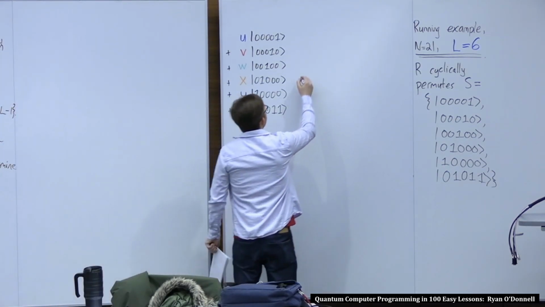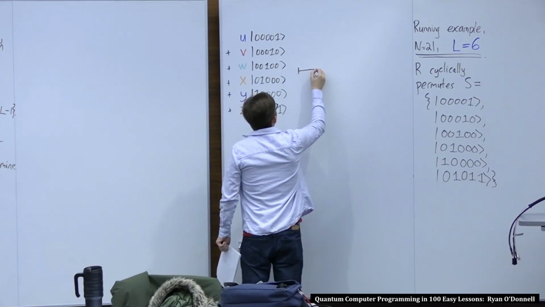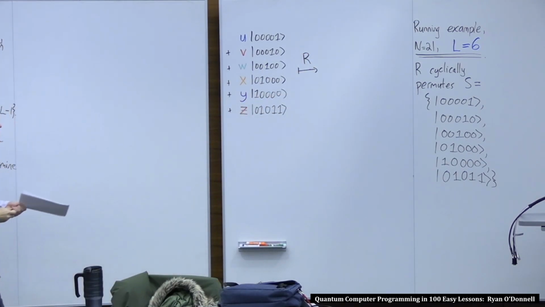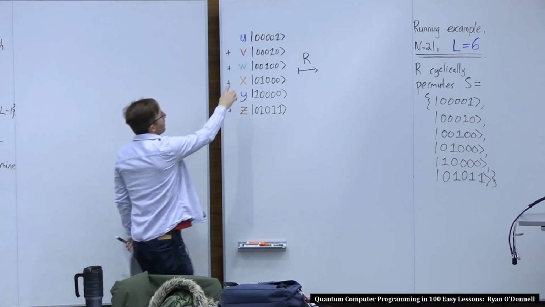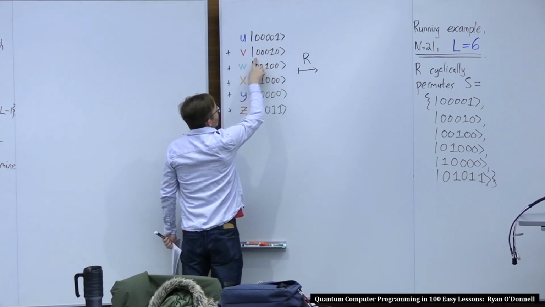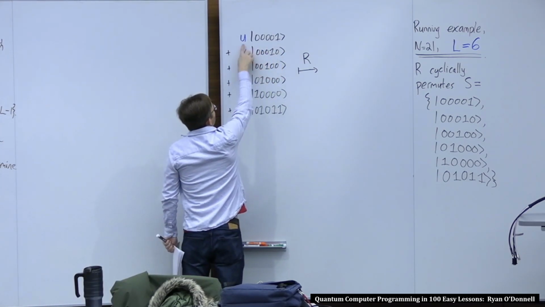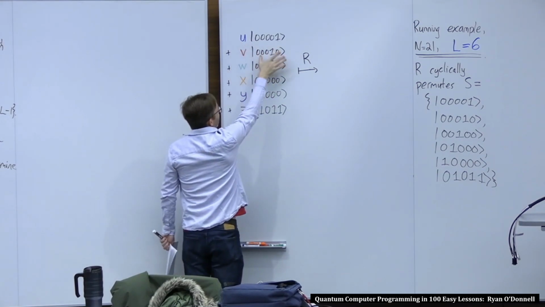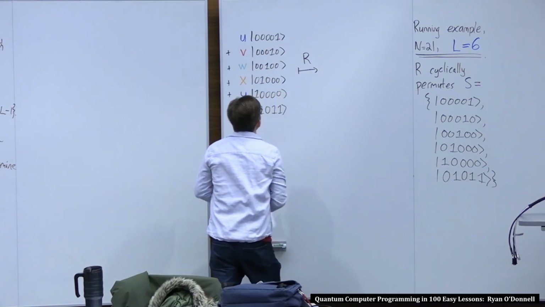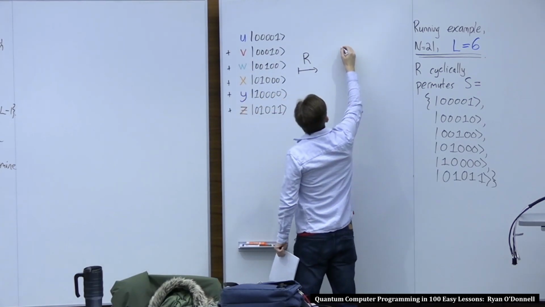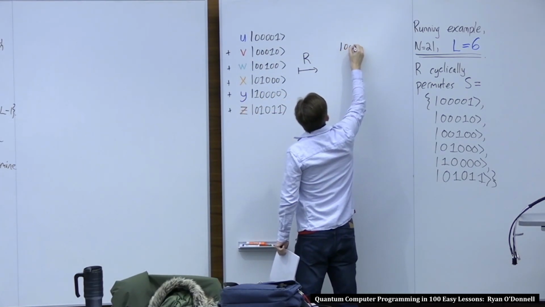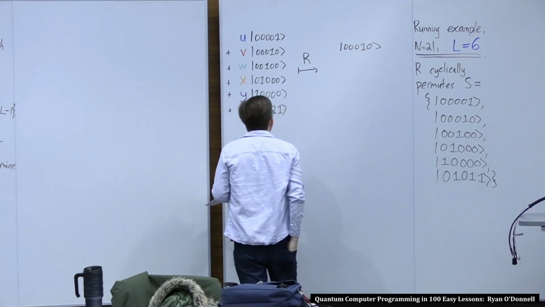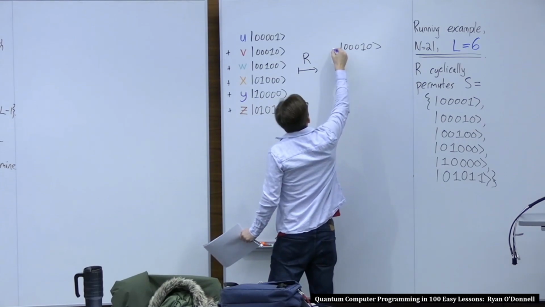What do we get? Well, R changes this 1 to this 1. So we'll get u times this basic state. And even though I calculated it first, let me write it down here. So I'll get 0, 0, 0, 1, 0 times u.